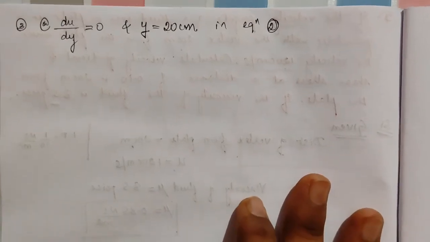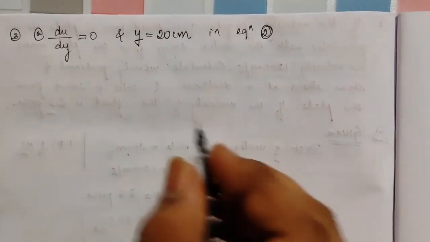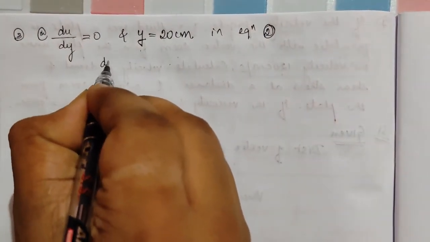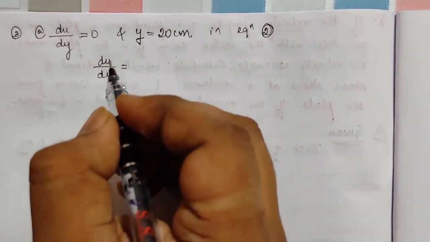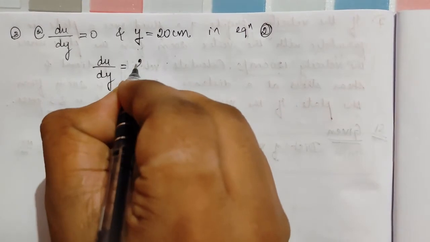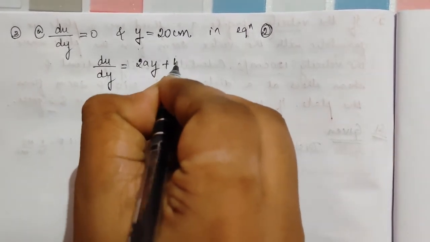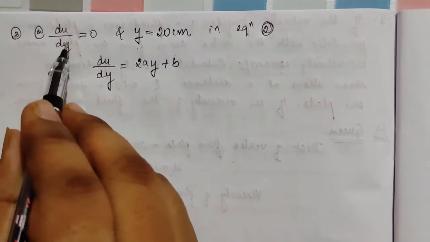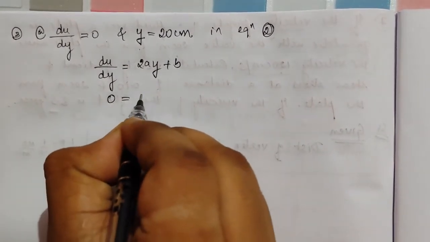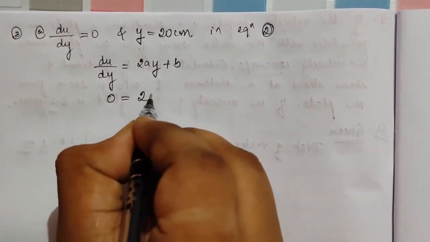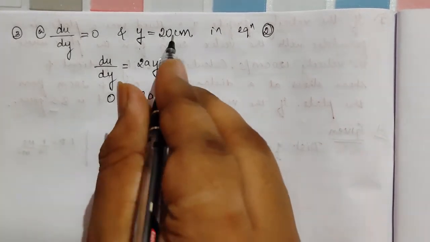So at y is equal to 20 cm in equation number 2, I'll write that equation. du by dy is equal to 2ay plus b. So in the place of du by dy, we substitute 0 is equal to 2 into a into, what is the value of y?